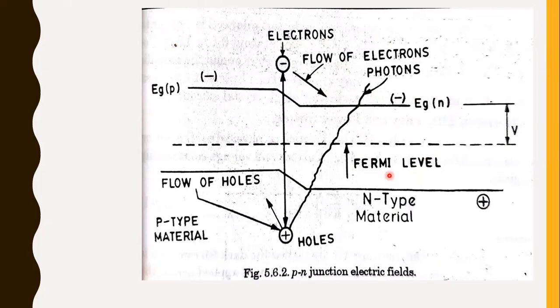Since the Fermi level is nearer to the top of the gap of the n-doped material, and nearer to the bottom of the p-doped side, an electric field will exist at the junction.